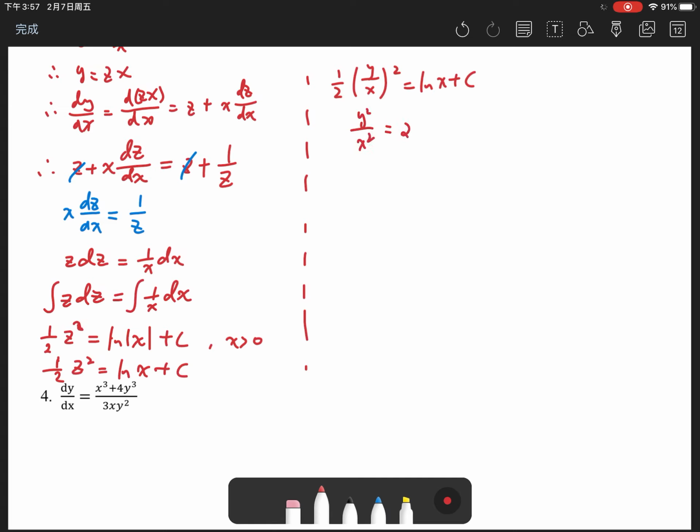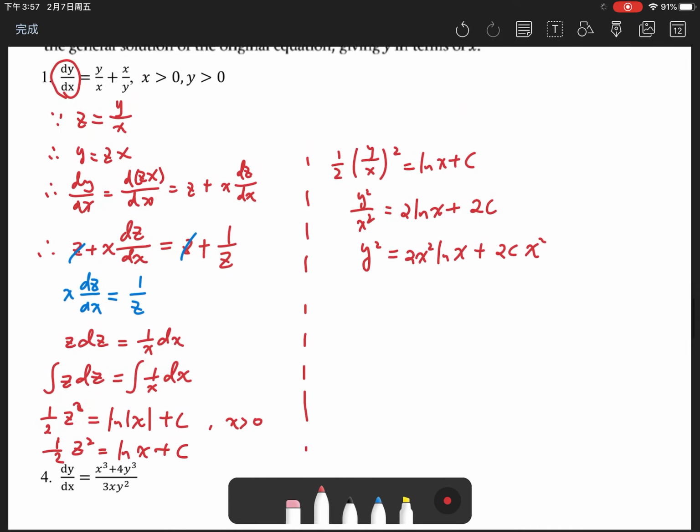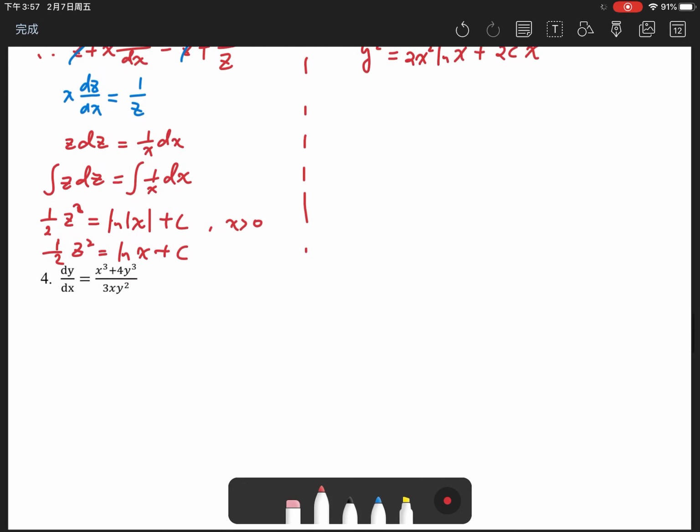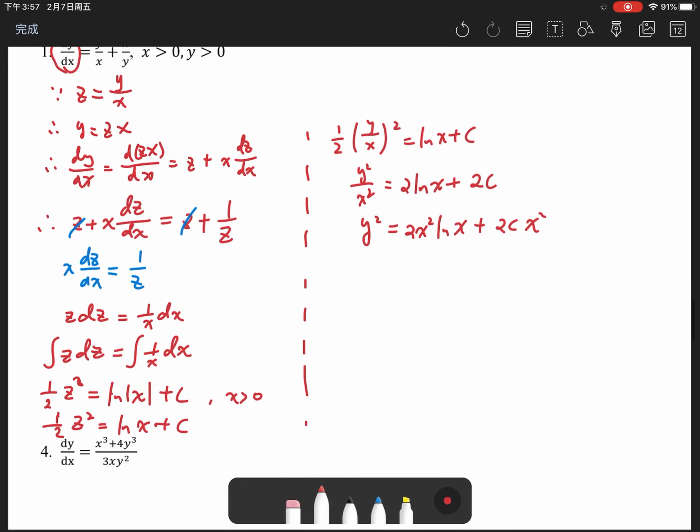It is y squared over x squared equals 2 ln x plus 2c, and finally we can write it as y squared equals 2x squared ln x plus 2c x squared. So this is the answer of question 1.